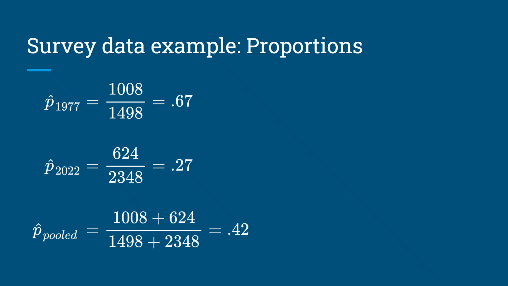So we can calculate the proportions in 1977 and 2022 who agreed with this statement. You can see that in the earlier period, 67% of people agreed with the statement compared to 27% of people in 2022. And we can calculate a pooled proportion that we will use to calculate the standard error for the null hypothesis. That pooled proportion is 0.42.